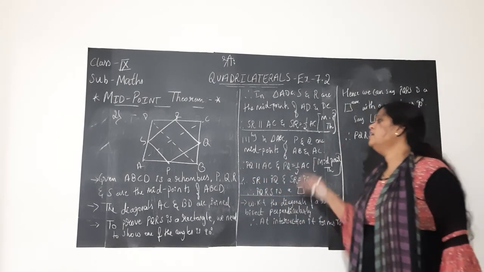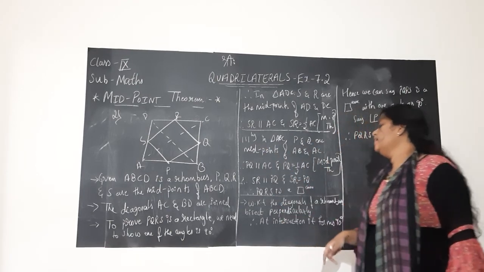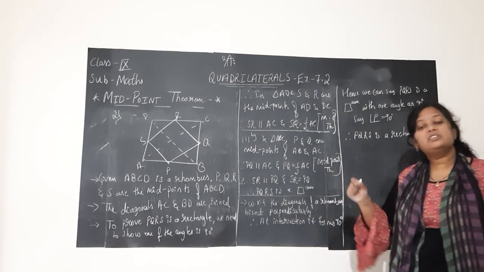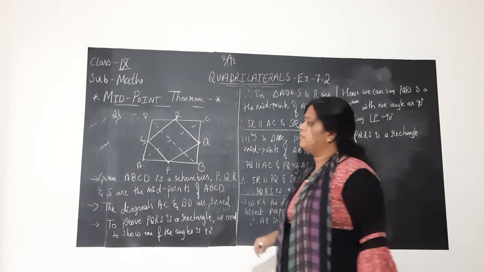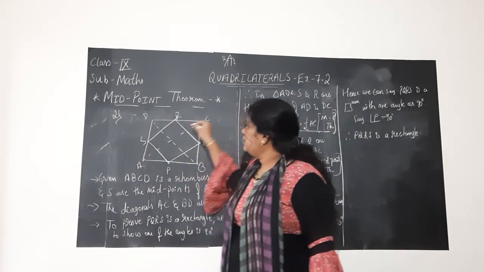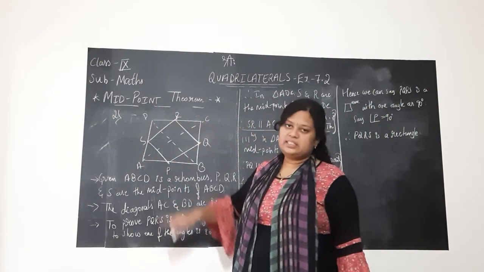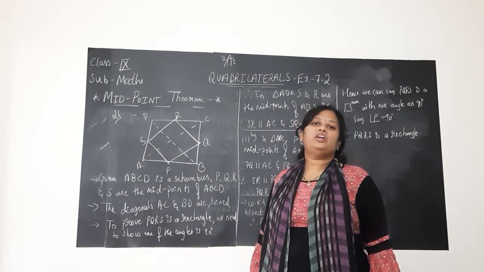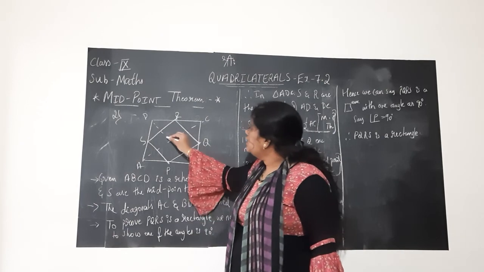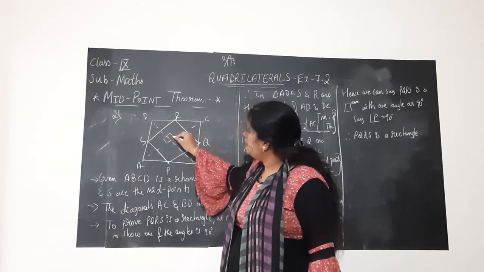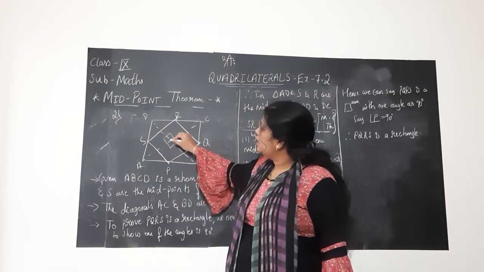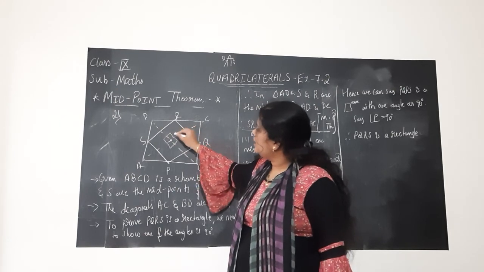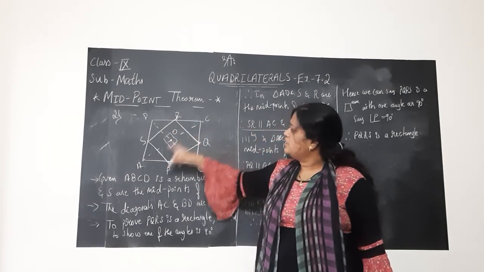Next, children, in order to prove it is a right angle, what we shall do is utilize the property we know about the rhombus. That is, in rhombus ABCD, AC and BD are the diagonals. We know from the property of a rhombus that the diagonals bisect perpendicularly, and it makes an angle of 90 degrees here.